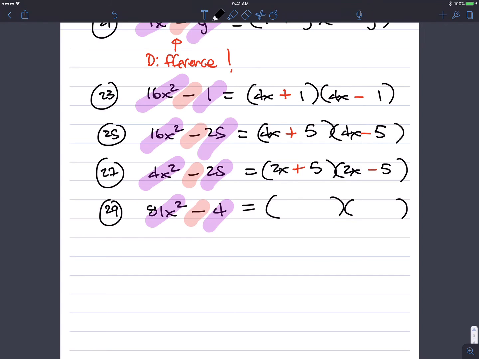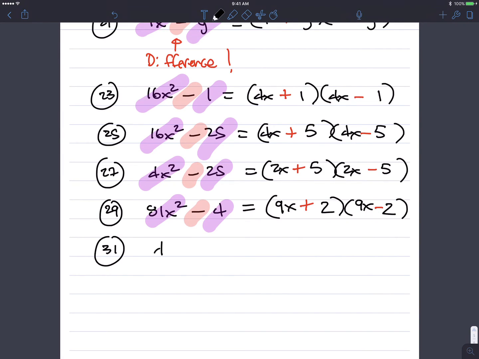Go back to the list that you've generated. What's the base for 81x squared? 9x, and then 9x. What about for 4? What's the base? 2 and 2. Good. Plus and minus. Look at that.